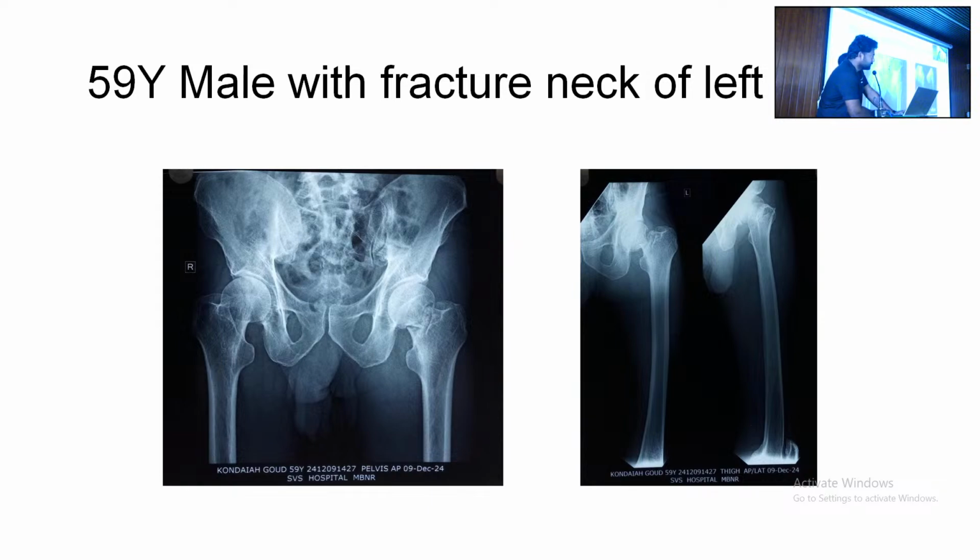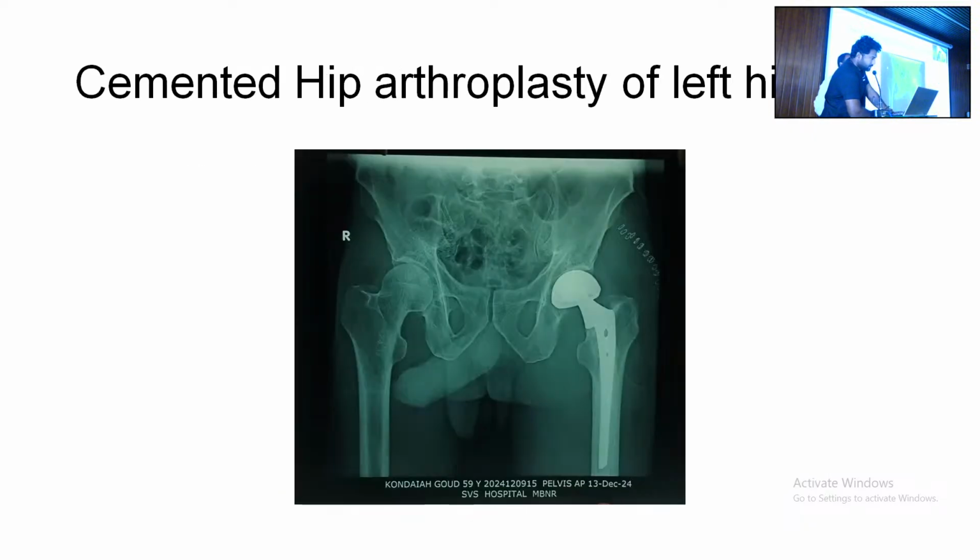DHS is full, and also the lateral cortex is intact. So we have done cemented hip arthroplasty for the left hip, and both the horizontal and vertical offsets look perfect.